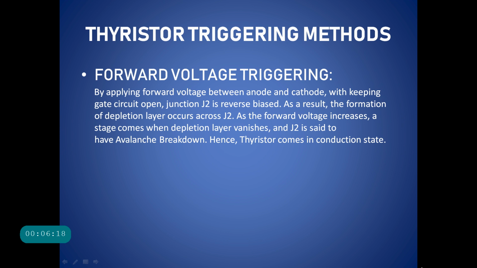As the forward voltage is increased, a stage comes when the depletion region almost vanishes, and at that moment J2 is said to have avalanche breakdown, and due to this breakdown the thyristor comes into the conduction state.